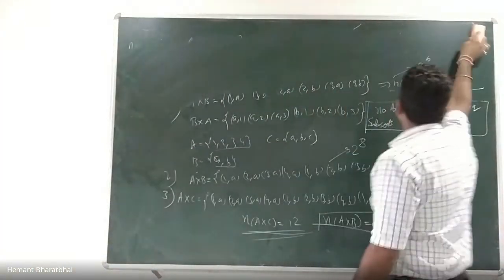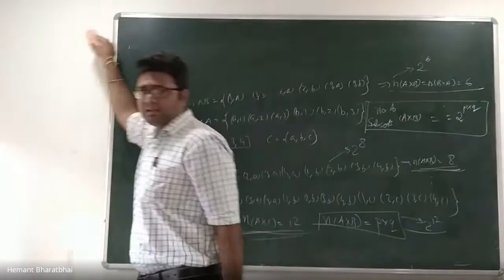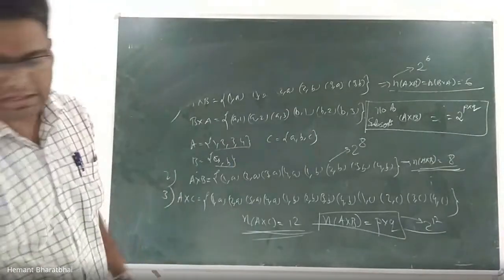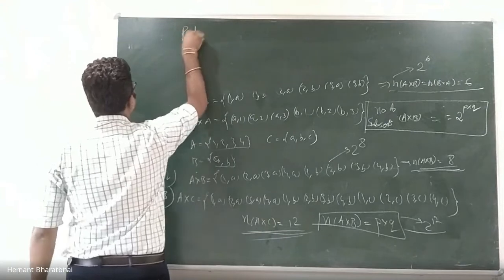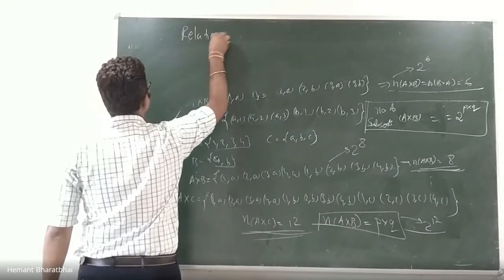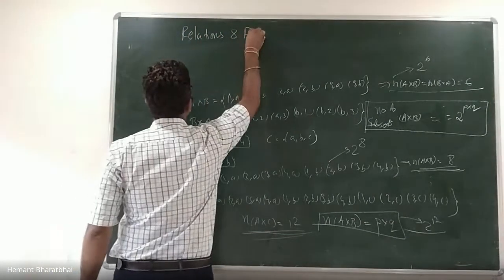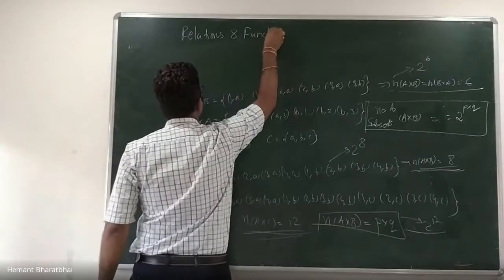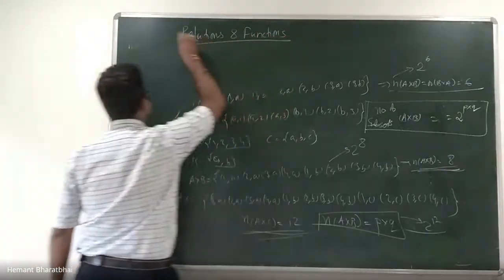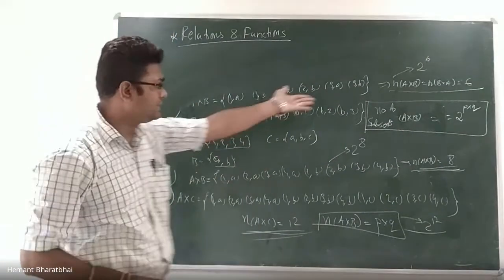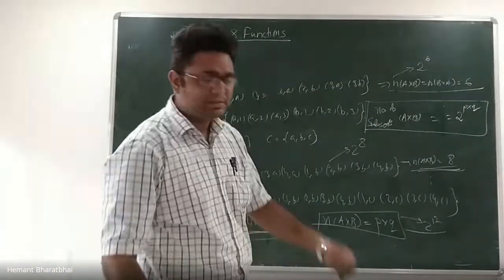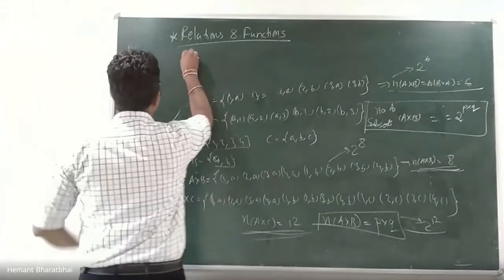So now we have completed the chapter sets, and we are going to start with the next chapter called relations and functions. And the definition of the relation is what I have written. So what is a relation?